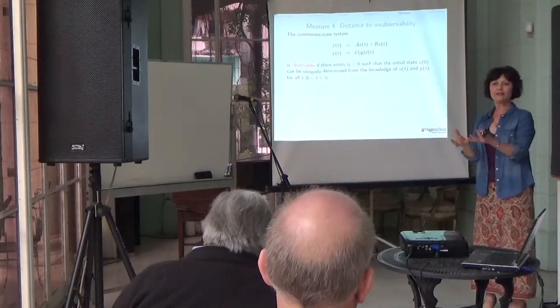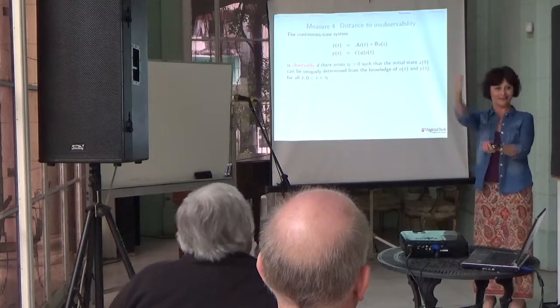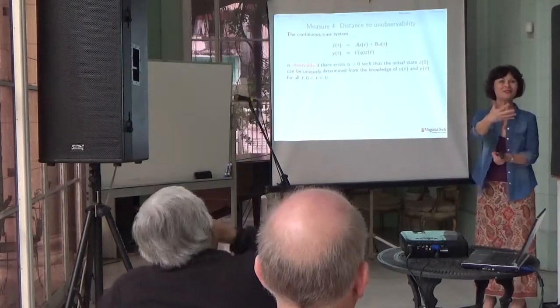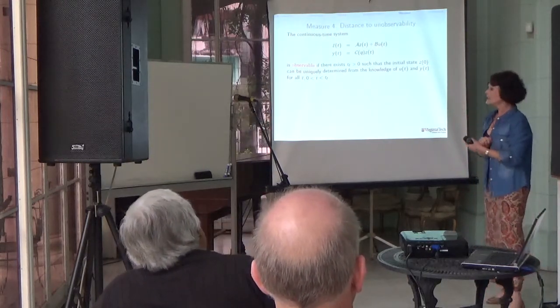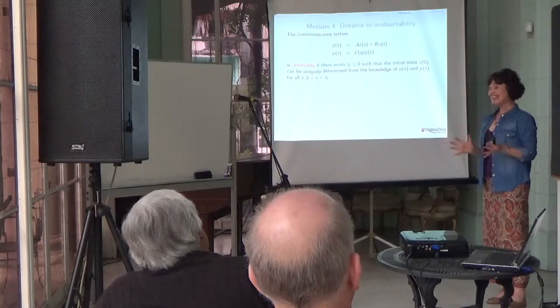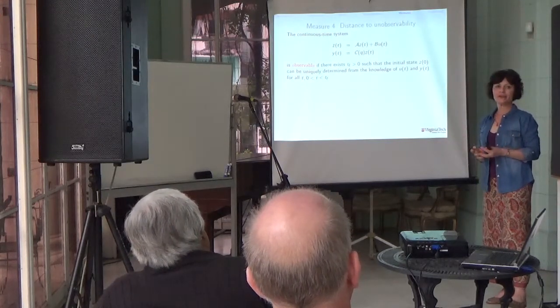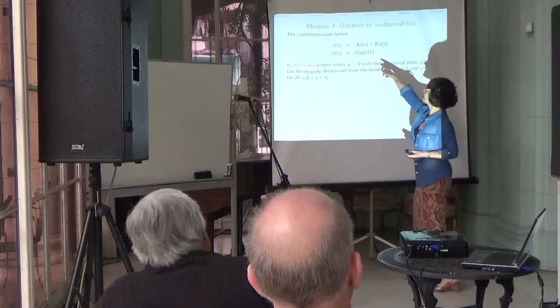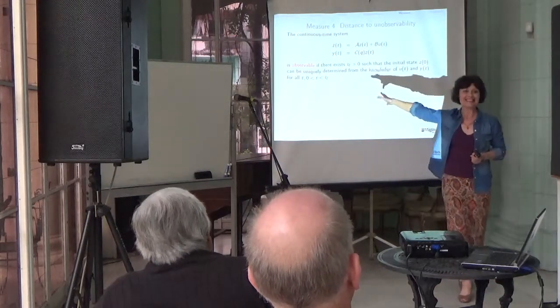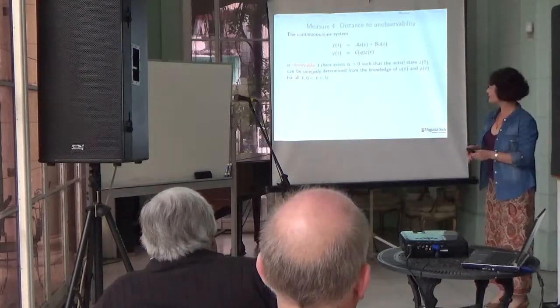So is there enough information that I have that I can figure out what's going on? So intuitively think about that. If I have real good measurements, then we say the system is exactly observable, right?